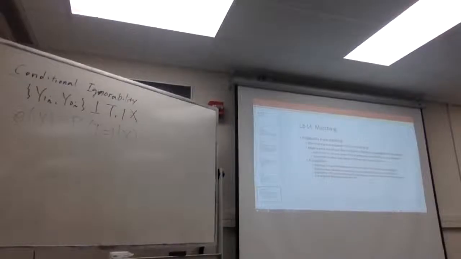As long as they have a similar likelihood of being treated, they are comparable. And then one of them happens to be treated and the other one is not treated, even though they have the same or similar likelihoods of treatment.